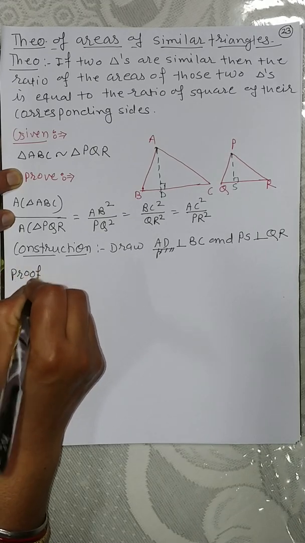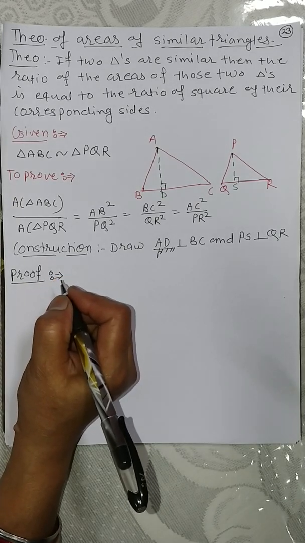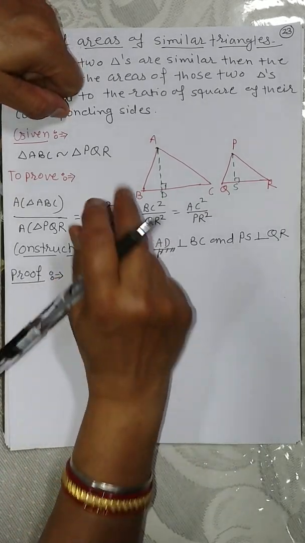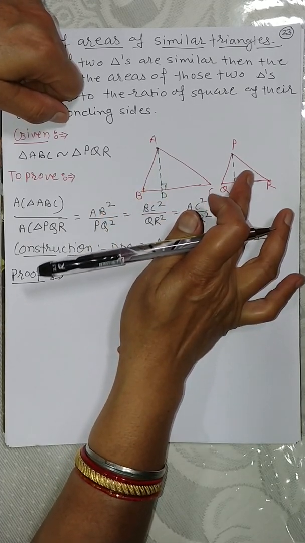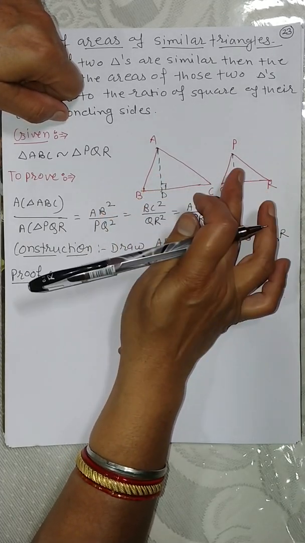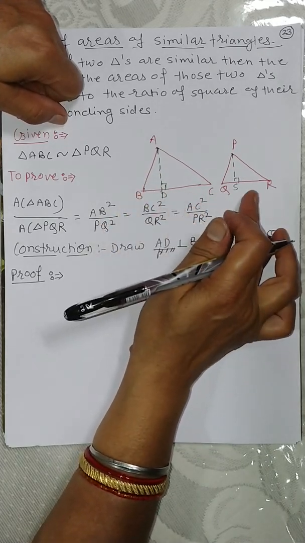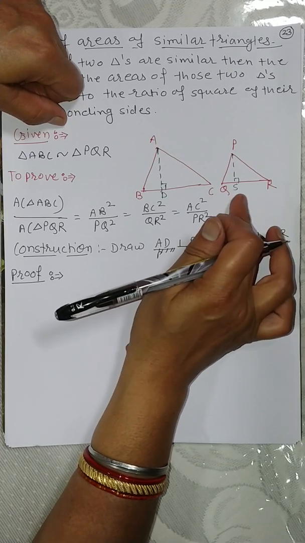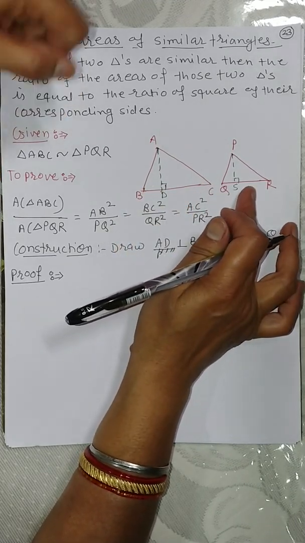Now proof. Now here it is given that triangle ABC is similar triangle PQR. So we know that if two triangles are similar, then their corresponding sides are in proportion and their corresponding angles are congruent.